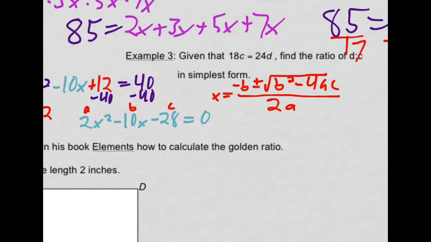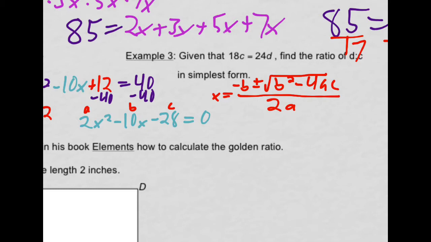And we're going to plug in our A, which is 2, our B, which is negative 10, and our C, which is negative 28, to our A, B, and C over here, and we'll get our answers.